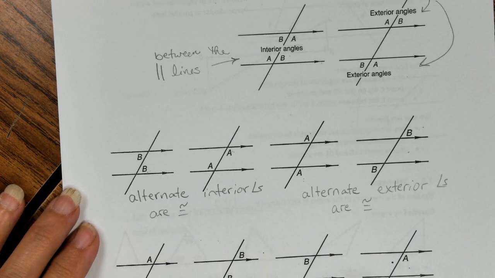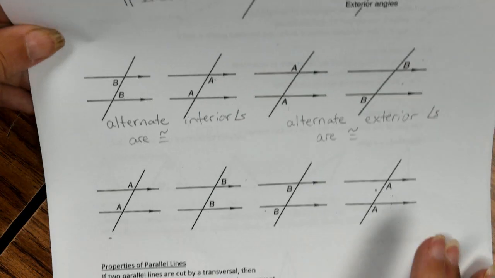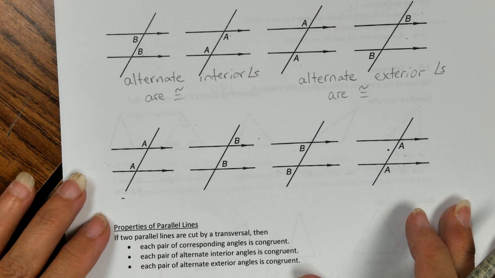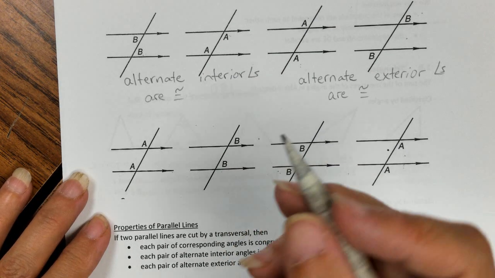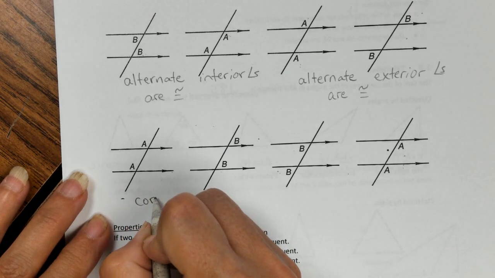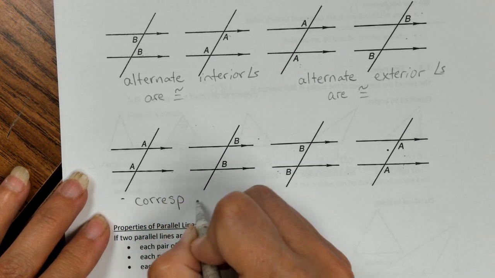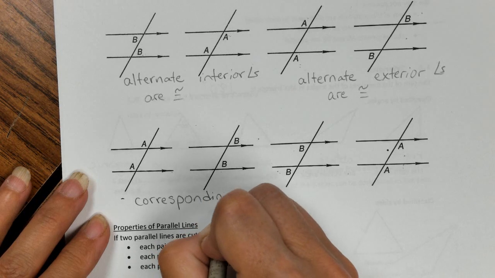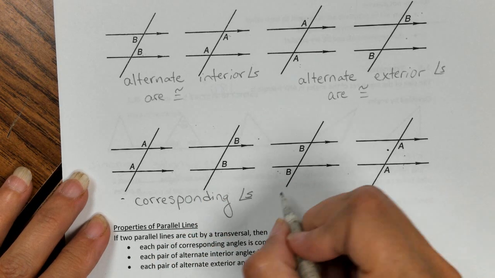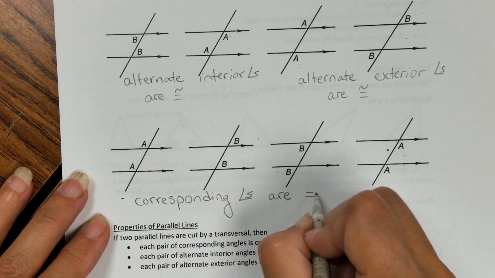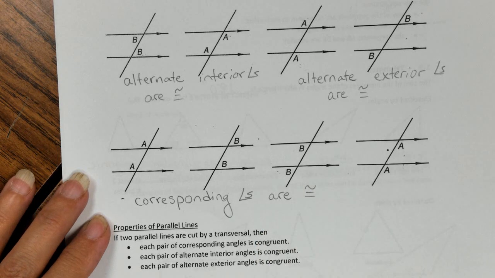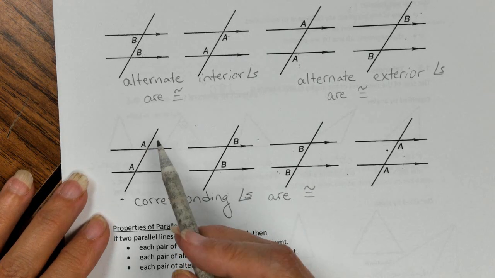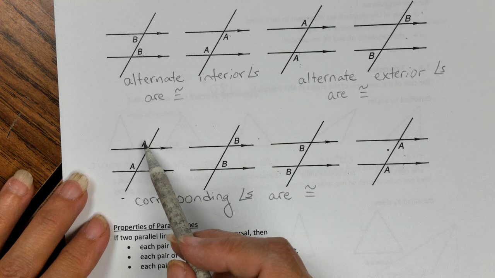Now down here, all four sets of angles that you see are corresponding angles. And they're congruent too. Corresponding angles are in the same relative position.